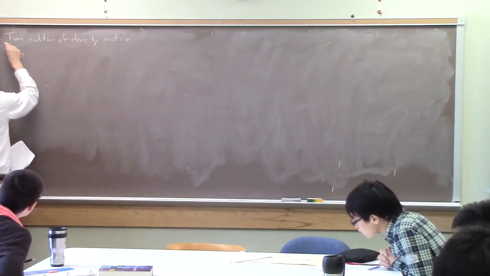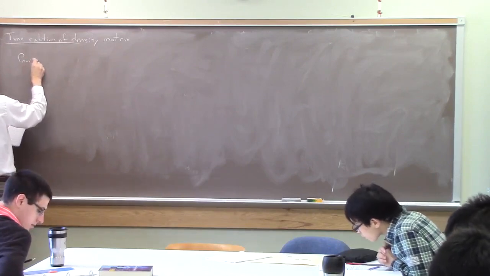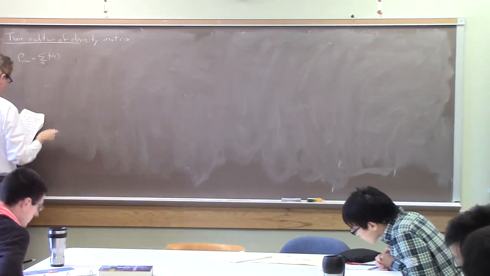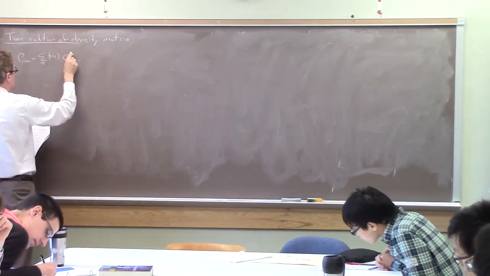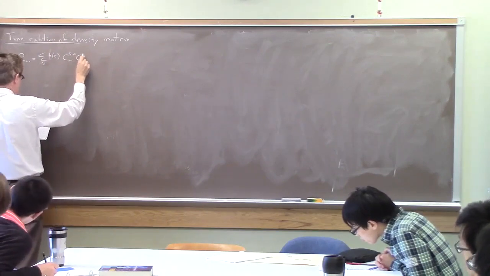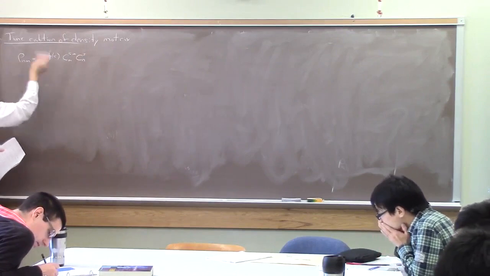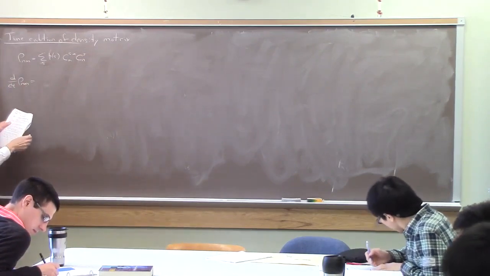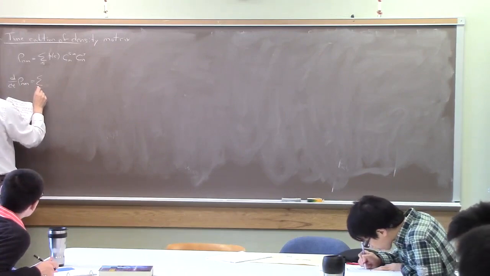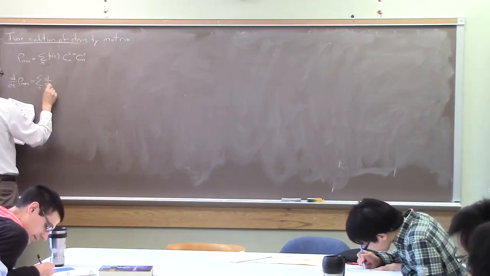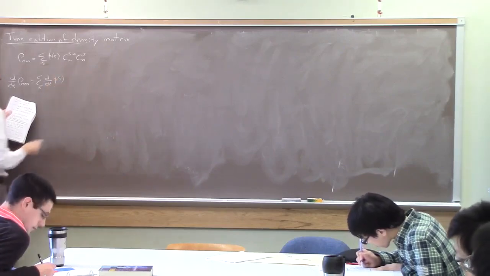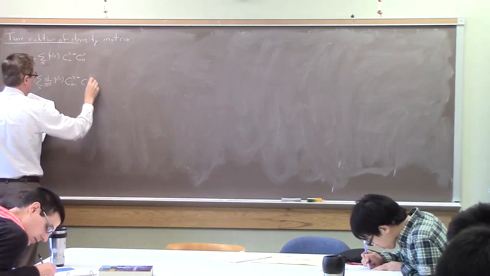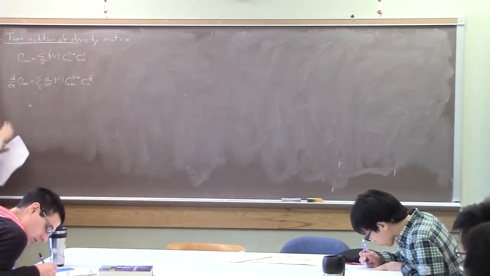Well, since the density matrix is rho n m equals sum over S of P of S, C m S star C n S, just differentiate. d by dt of rho n m is equal to the sum over S of d by dt of P of S times C m S star C n S. That's the derivative of the first term.